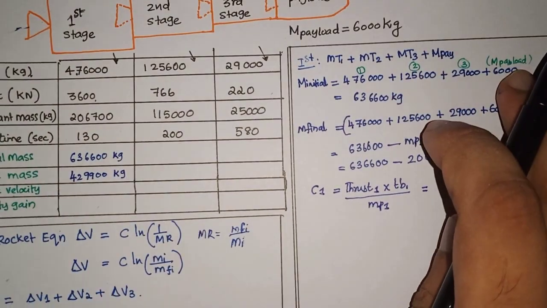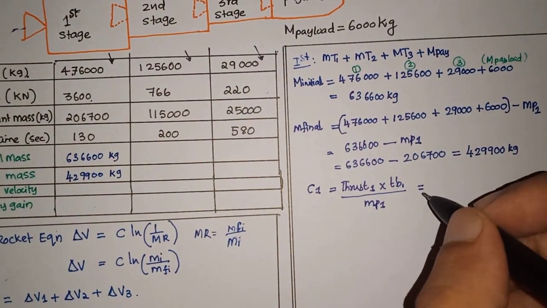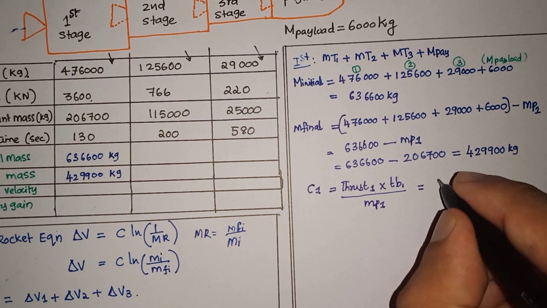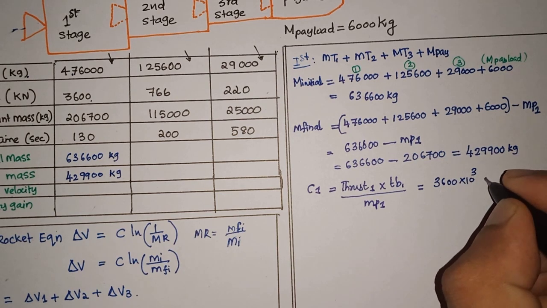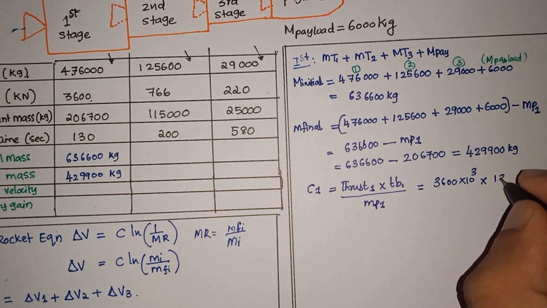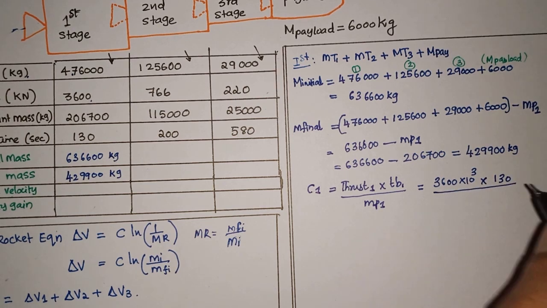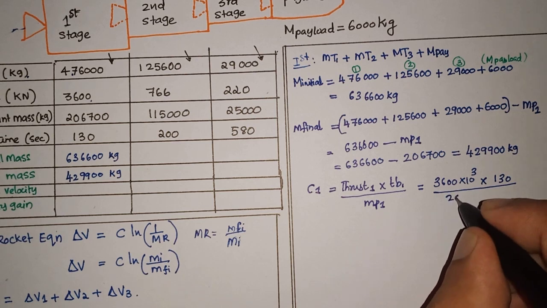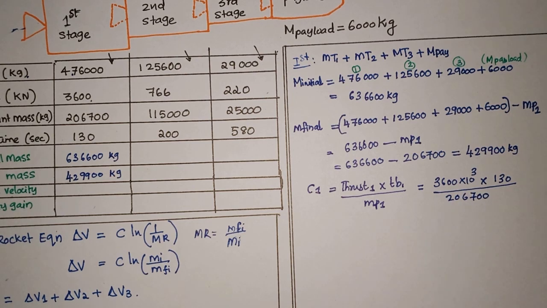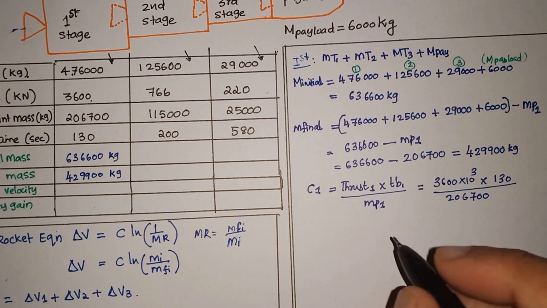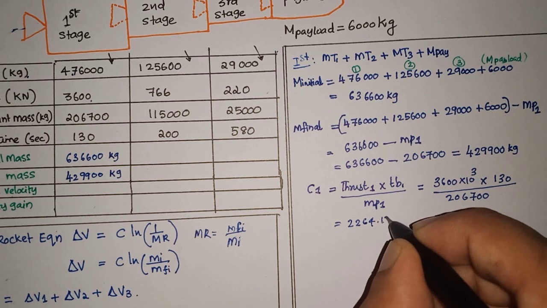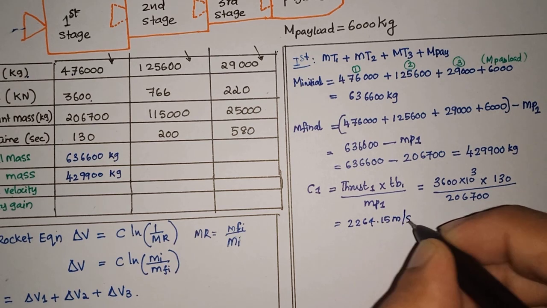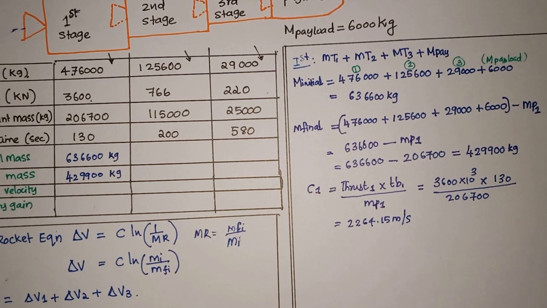Now you perform the same calculation: 3600 times 10 cubed times the burn time of 130, divided by the propellant mass of 206700. This will yield a value of around 2264.15 meters per second. You can work it out and check from your end.